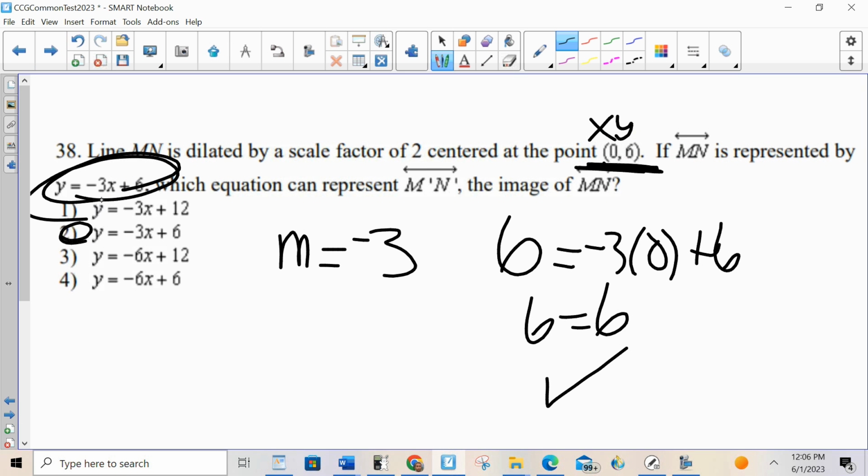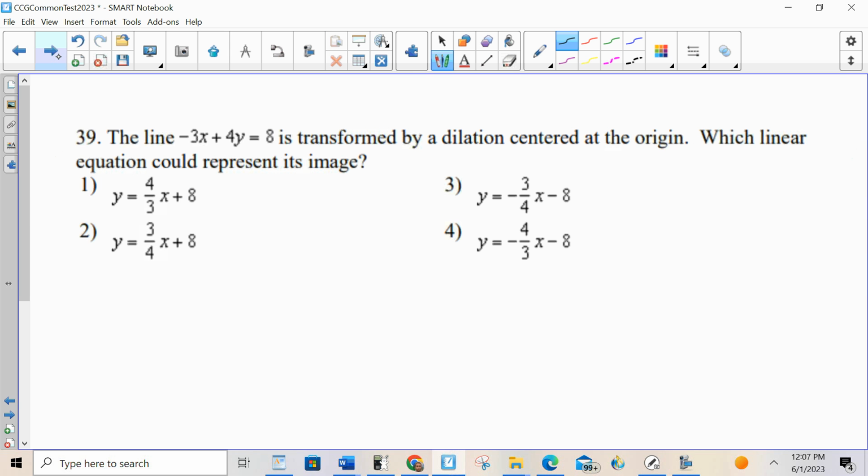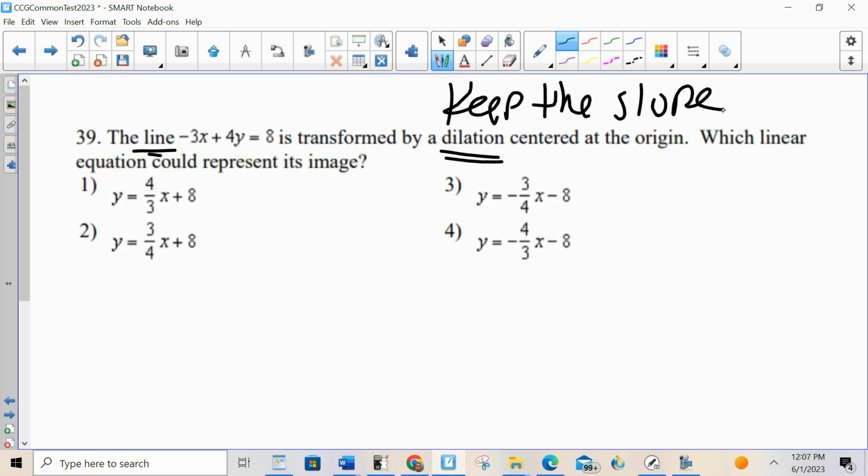But there is more stuff you have to understand about it, which we kind of talked about. For something like this, the line is dilated. So again, line dilations parallel keep the slope. It says that it's centered at the origin, but it doesn't tell us the scale factor. So the only thing I know is that the slopes have to be the same. That's the concept.